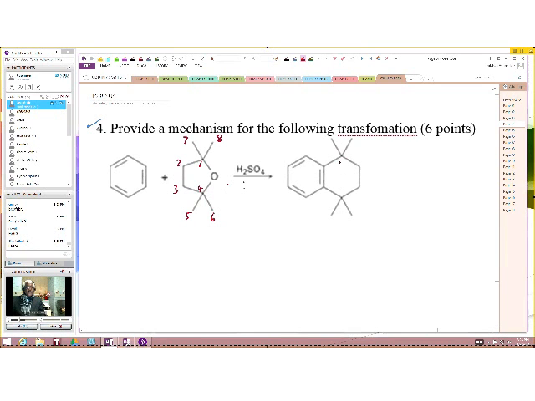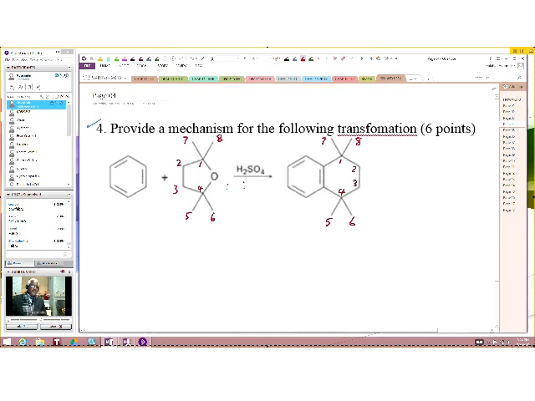Now, when you come to this product here, let us go ahead and number those carbons. This is carbon 1, carbon 2, 3, this is 4, this will be 5, this will be 6, this is 7, and this is 8.